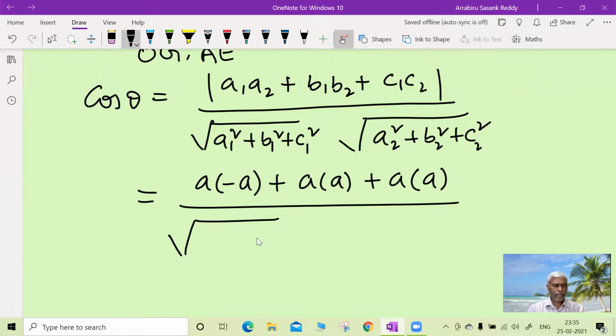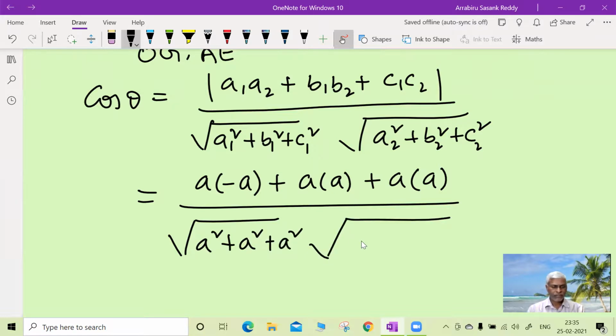Then a1 square plus b1 square plus c1 square. This also, minus a square becomes plus a square.